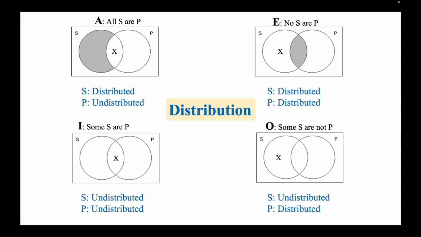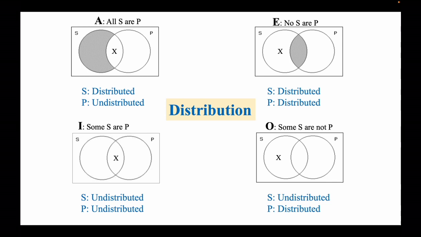Now the next concept that I want to review is distribution. Distribution refers to how many members of a certain category are also members of the other category. For example, take the A form. The A form says that all S are P. So a very easy way to remember the distribution is the following.